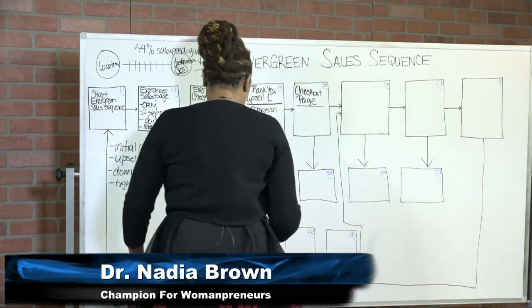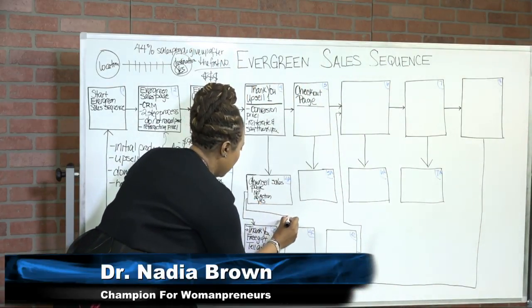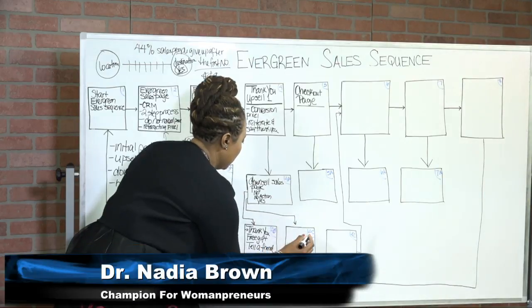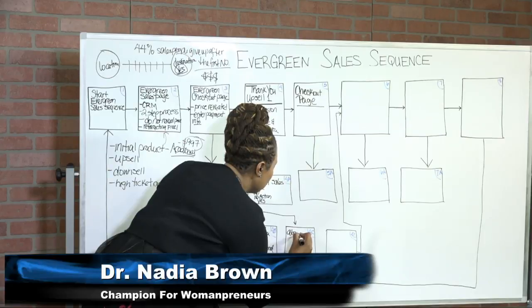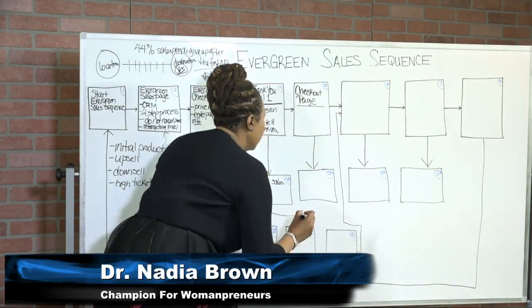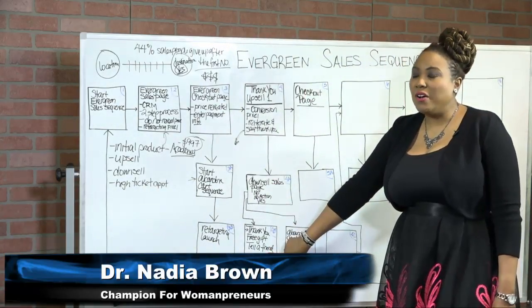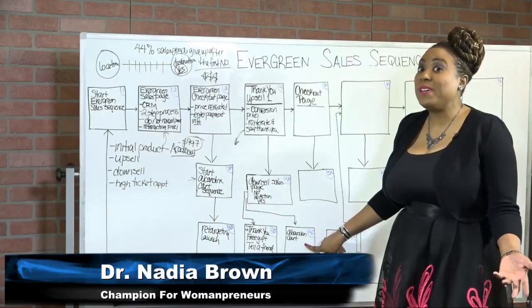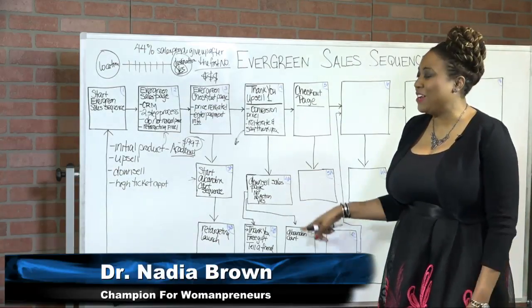If they take no action, we do abandon cart. Because there may have been a reason. They got here, they didn't necessarily click no, they didn't take action, so they could have been interrupted. How many of us have been in the middle of doing something that you wanted to do and then you got interrupted?